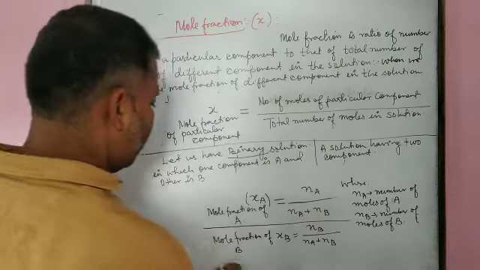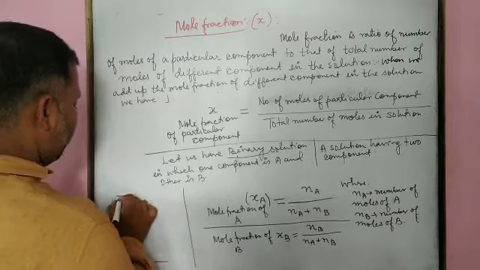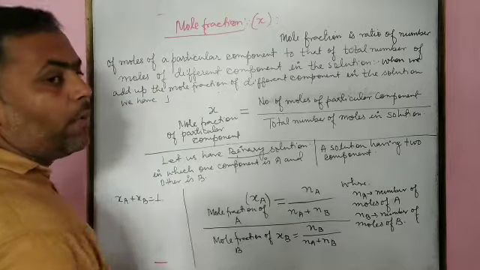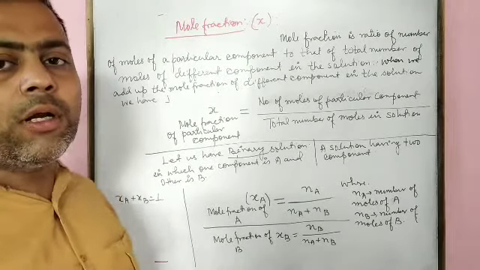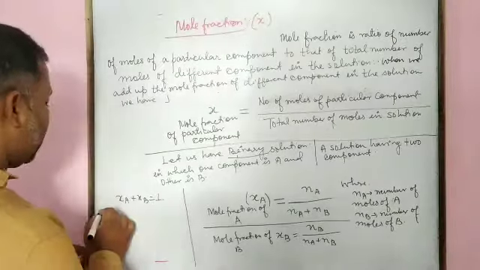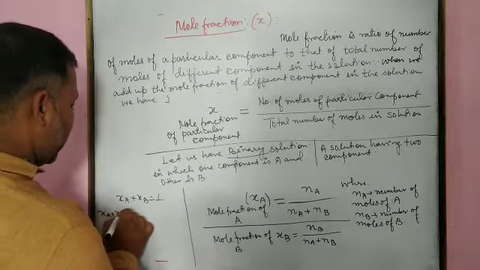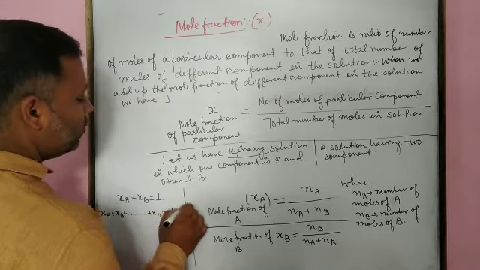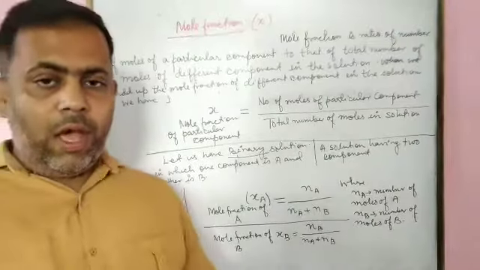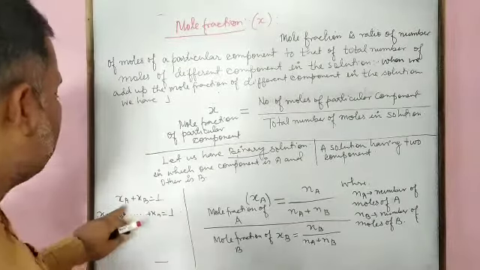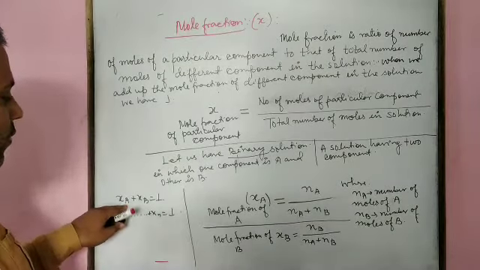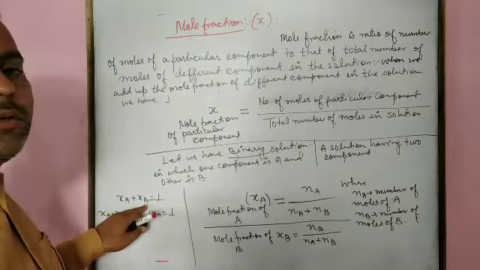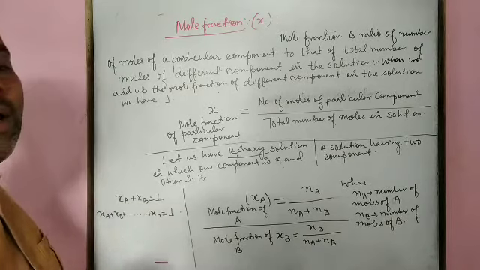It means if we add up X_A plus X_B, it is equal to 1. But if it has a large number of components, it is not a binary mixture. Then X_A plus X_B plus and so on plus X_N equals 1. If it is a binary mixture, then in order to get X_A, if we have the mole fraction of B, we subtract the mole fraction of B from 1. Then we get X_A.